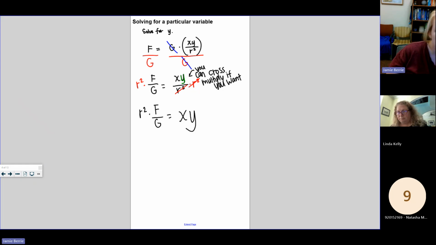Okay. So we can make this look a little bit nicer by saying that's like a fraction, r squared over 1. You can make this into one big fraction and say that it's r squared times f over 1 times g, which is just g.